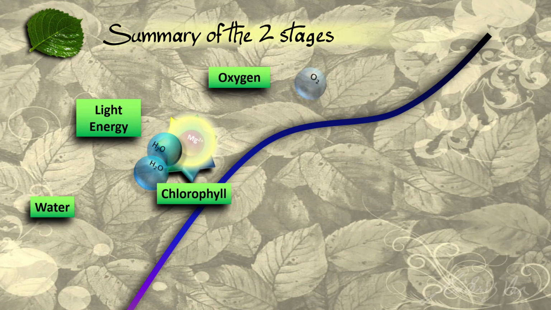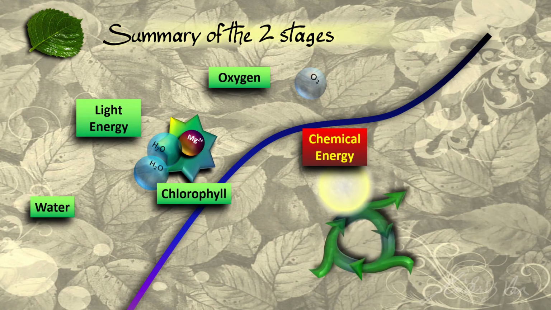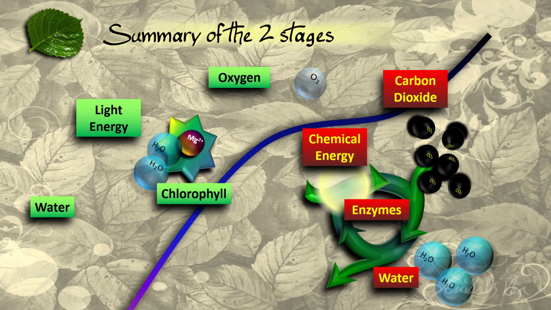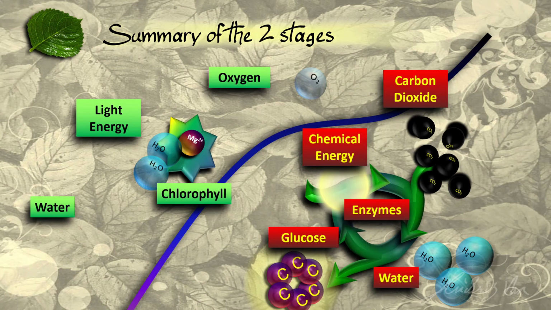At the same time, chlorophyll will convert the light energy into chemical energy. So this chemical energy is used in the dark stage, whereby with the help of enzyme, it is used to reduce the carbon dioxide, and this will give us water as well as glucose as a result.